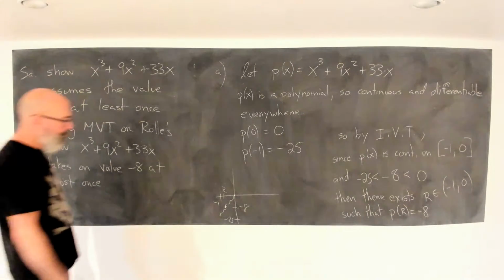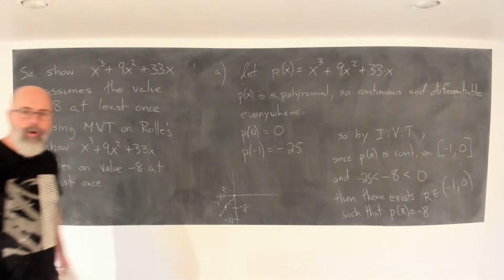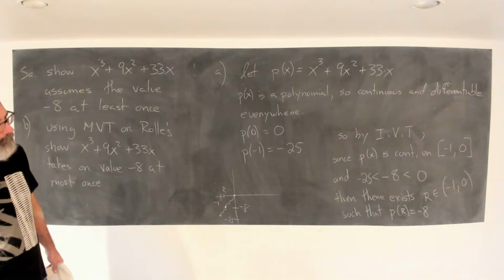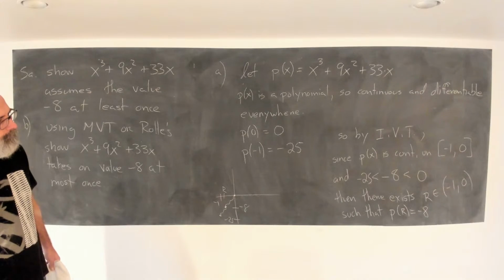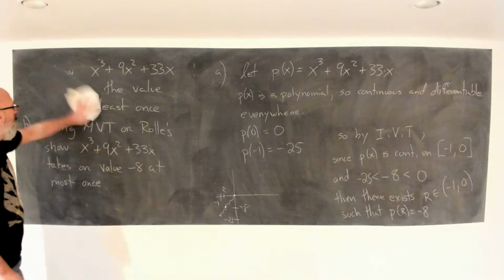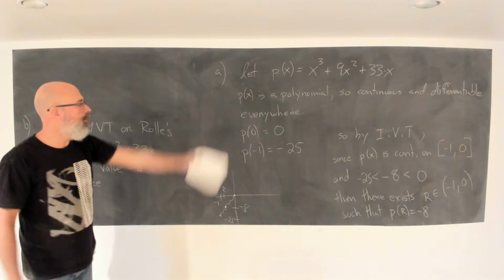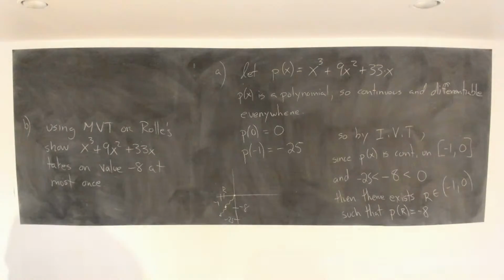Since you can graph it without lifting the pencil from the paper, it has to be -8 somewhere. All right, well, so that's the first part. Your function has to cross -8 at least once.